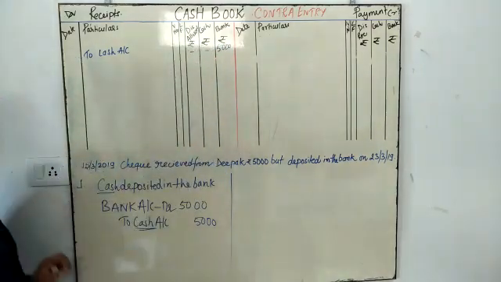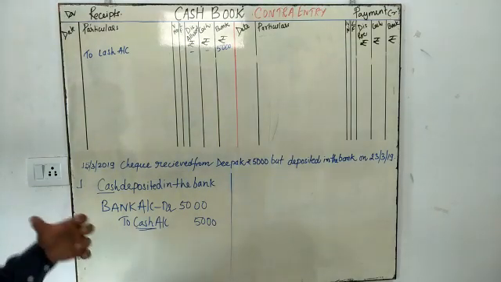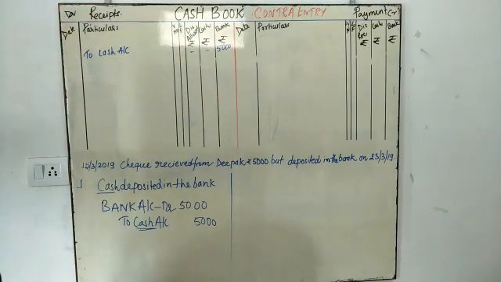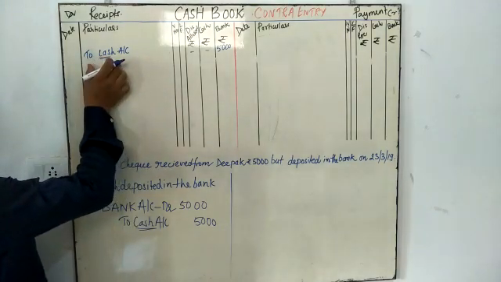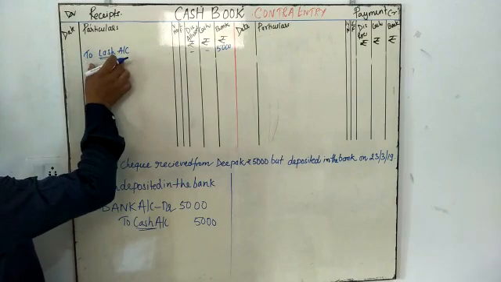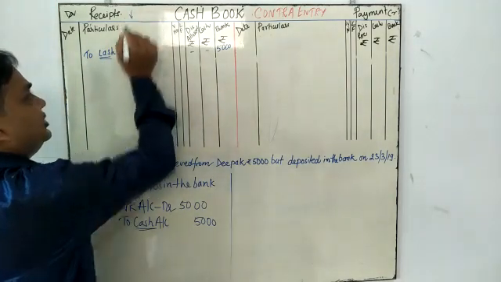It shows that the bank account is going to be raised with the help of cash. That is the reason you have to write cash account on the receipt side.